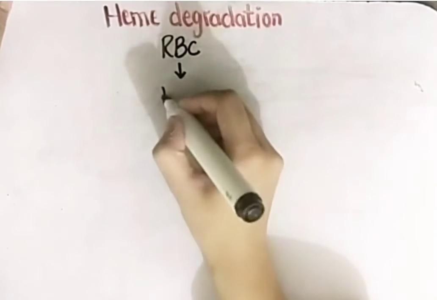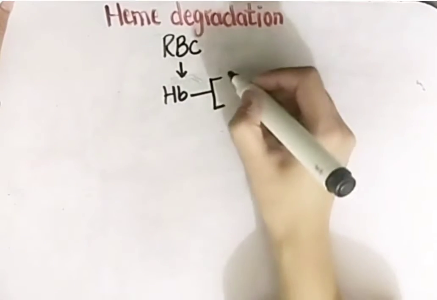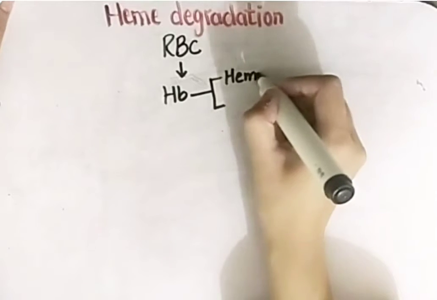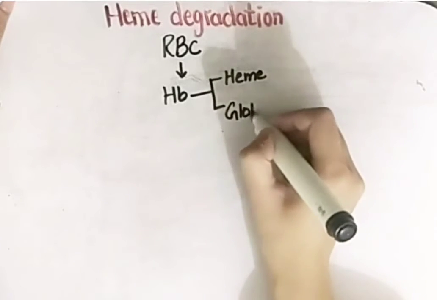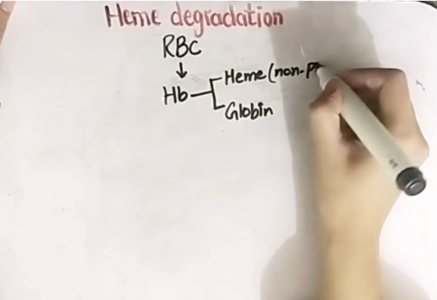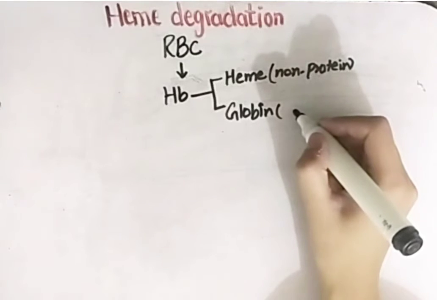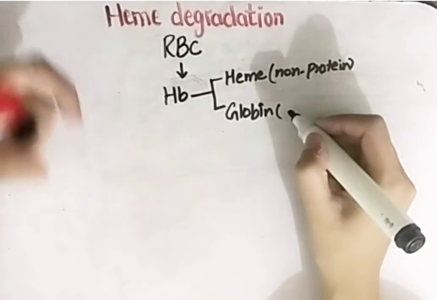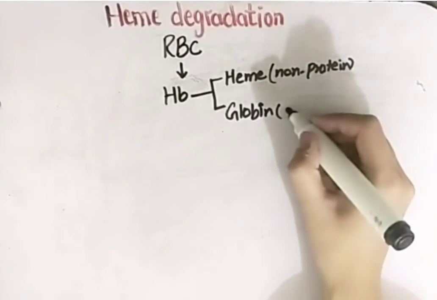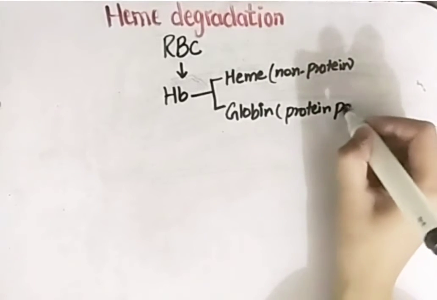Now, this RBC contains hemoglobin. This hemoglobin consists of two parts, a heme portion and a globin portion. The heme portion is basically a non-protein part, and the globin portion, globular, always refers to proteins in a globular shape, includes 2 alpha and 2 beta chains.